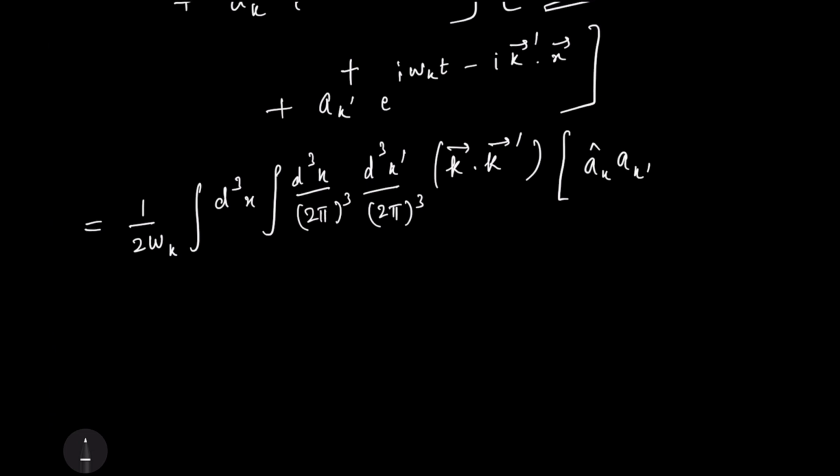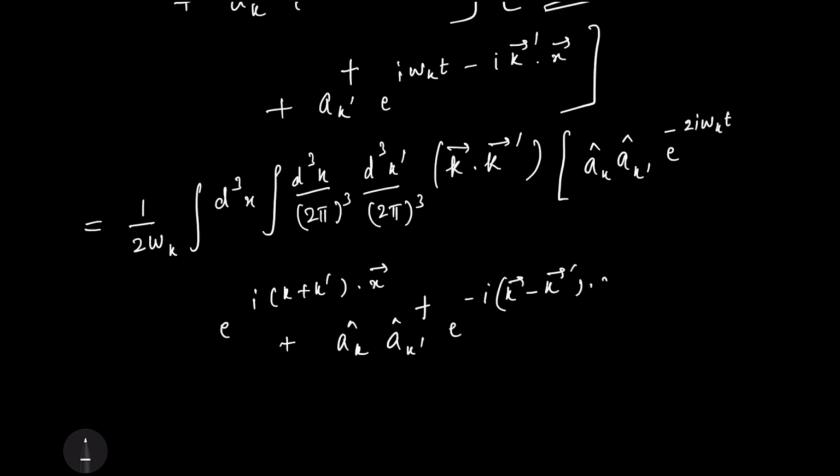a_k a_k' e^{-2iωt} e^{i(k+k')·x} plus a_k a_k'† e^{i(k-k')·x} plus a_k† a_k' e^{i(k'-k)·x}.